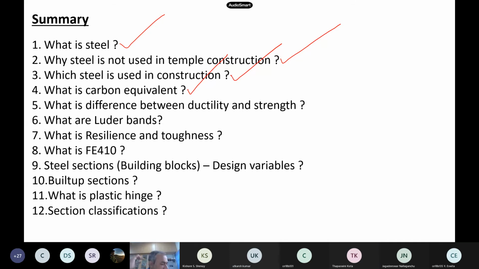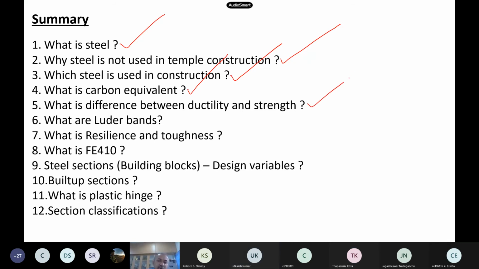Ladies first. The different components added in the steel, like manganese, chromium, nickel, their ratio is taken by weight. Perfect. Same answer for everyone? Okay, excellent.